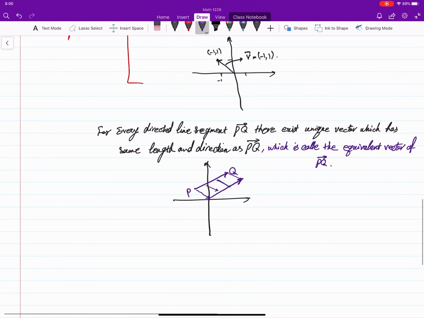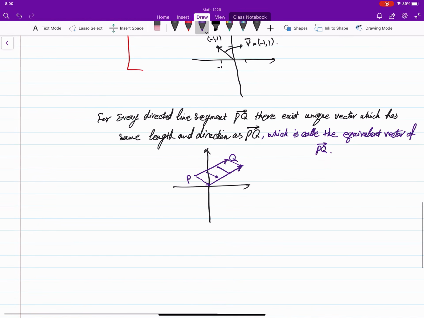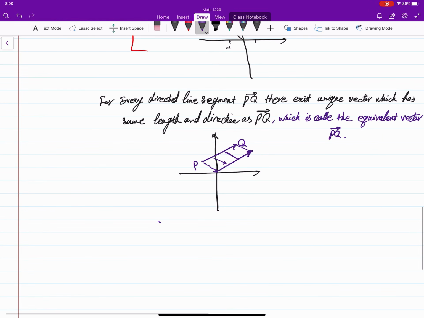Well, okay, so it's easy. You just shift it, keeping it parallel, so that P goes to the origin. That will keep everything the same, the direction and the length. But how do you find the equivalent vector? Well, it's easy.